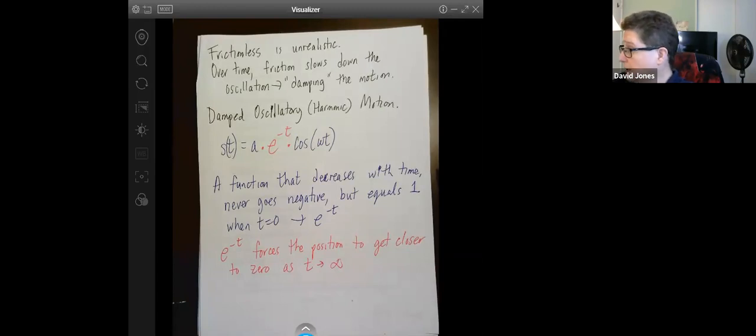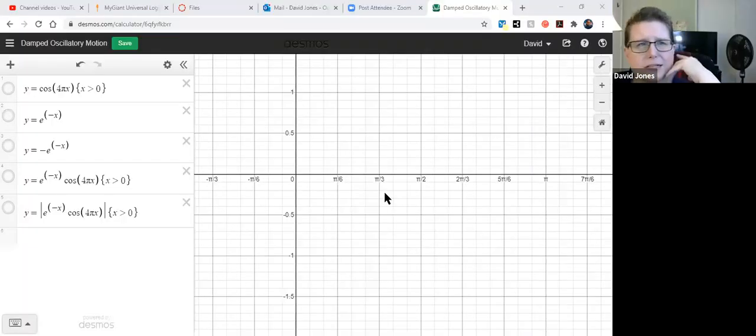If we take a look at how it looks in Desmos, I want to show you what it looks like. So let's switch over there. So this is damped oscillatory motion.